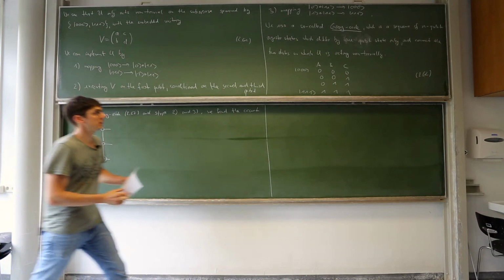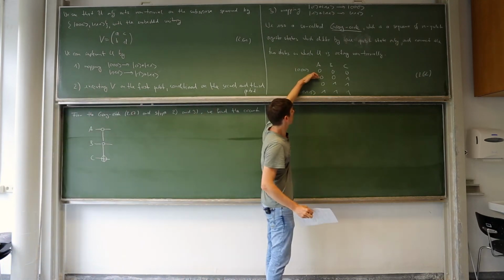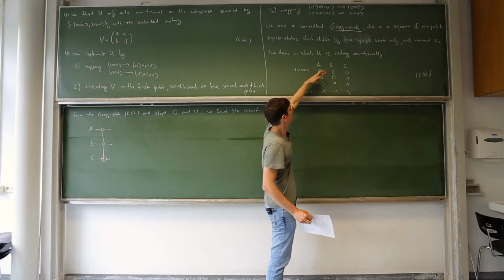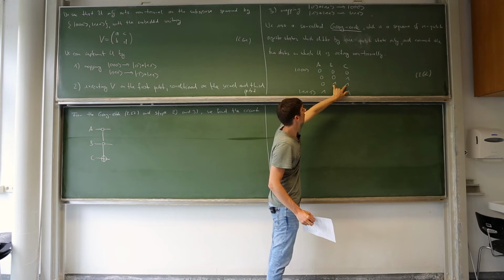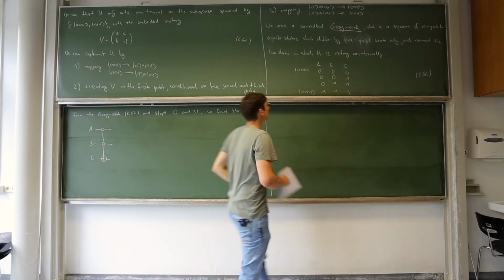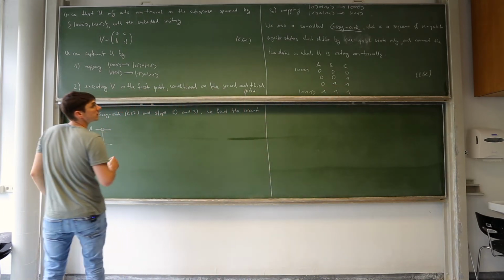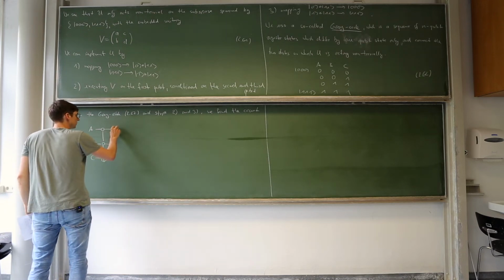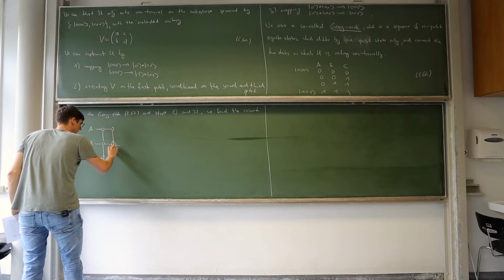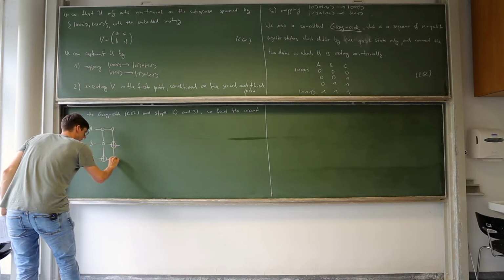Okay. Next, so we are here now at this line. On the next line, we have to flip the qubit B, conditioned on a 0 in A and conditioned on a 1 of C. So we flip qubit B, and A is conditioned on 0, and C is conditioned on 1.